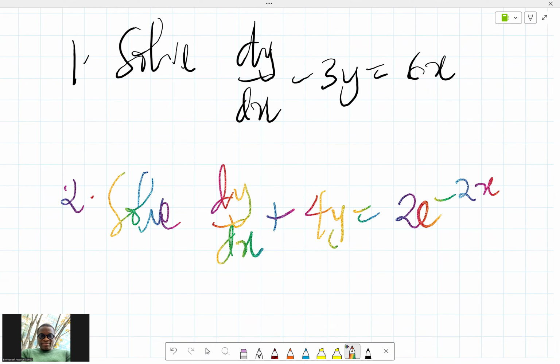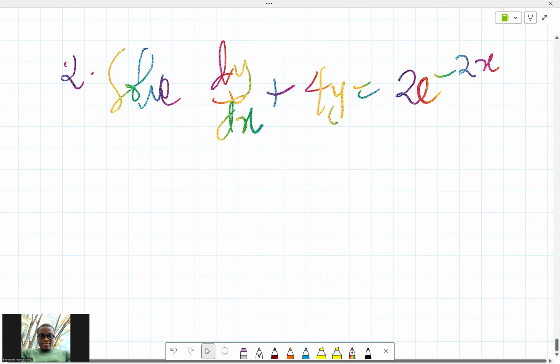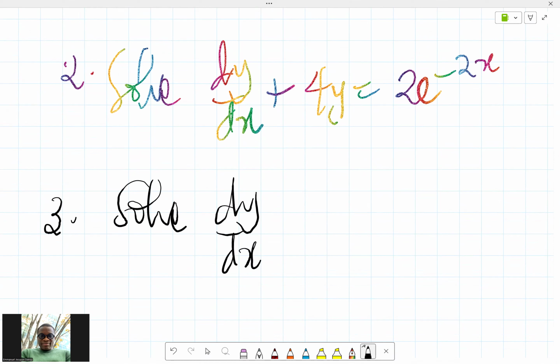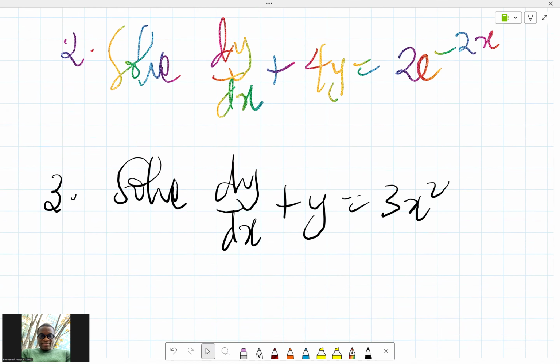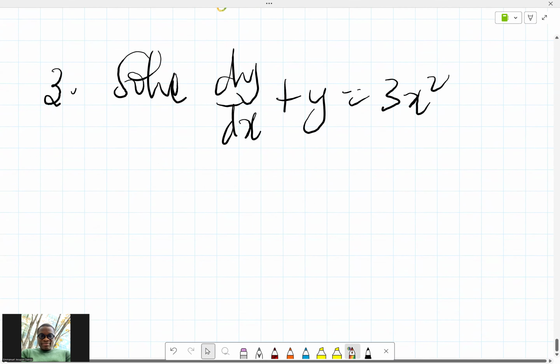So here, P of x is 4 and Q of x is 2e raised to minus 2x. All right. Then 3, you may also want to solve dy dx plus y equals 3x squared. So P of x is 1, while Q of x is 3x squared here.